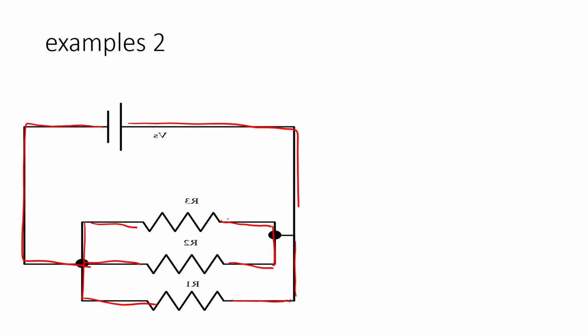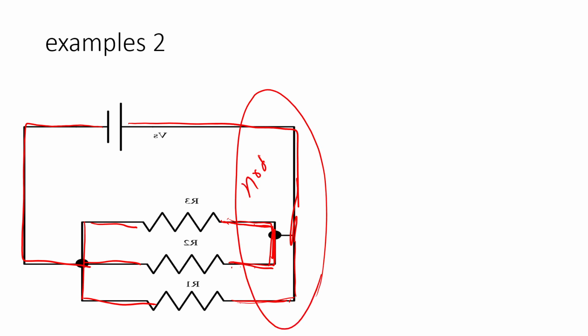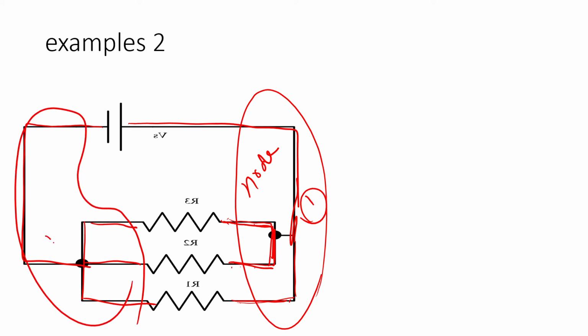If you look more in detail at these resistors, you will see connectors connect between different electrical components. And this connector connects more than 2 components. So it is node number 1, and this one is node number 2.